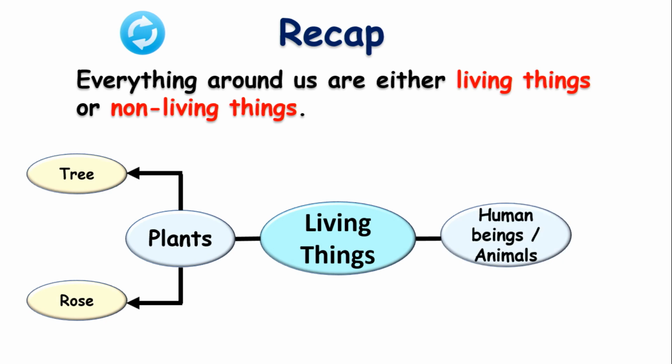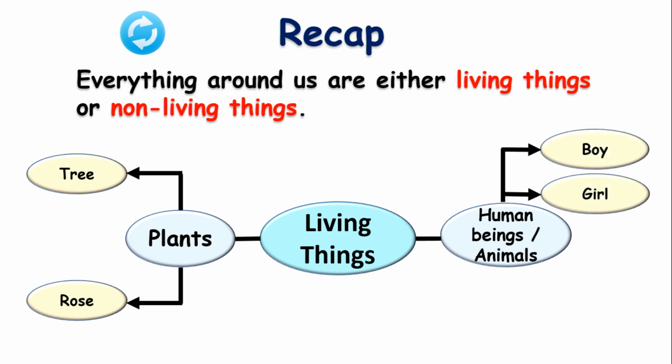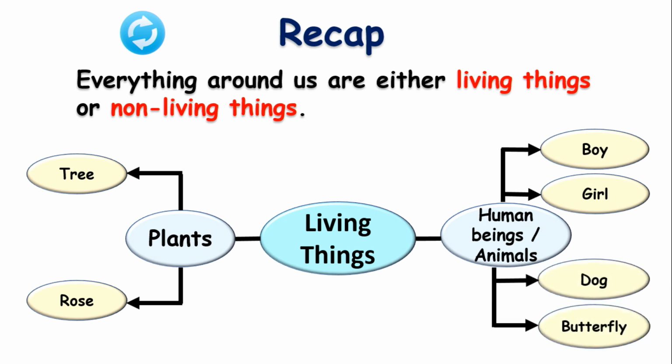The second category is human beings and animals. For example, a boy and a girl are human beings. A dog and a butterfly are animals. Human beings and animals are placed in the same category as they have several common characteristics. We shall look at these characteristics in our next lesson.